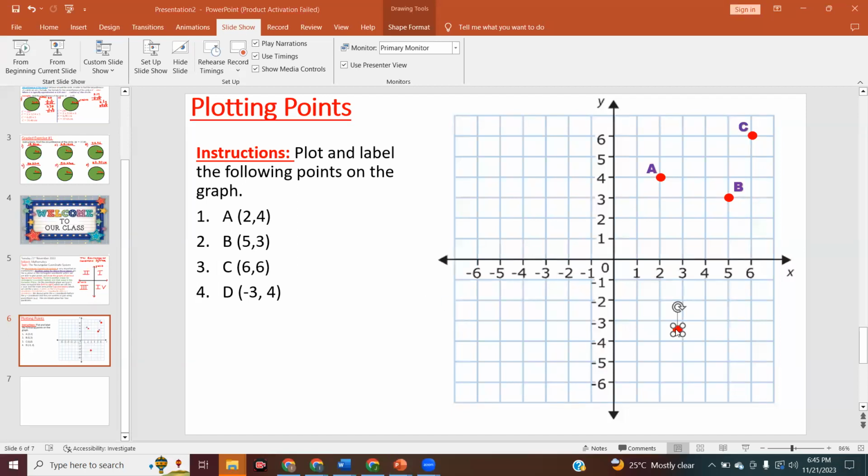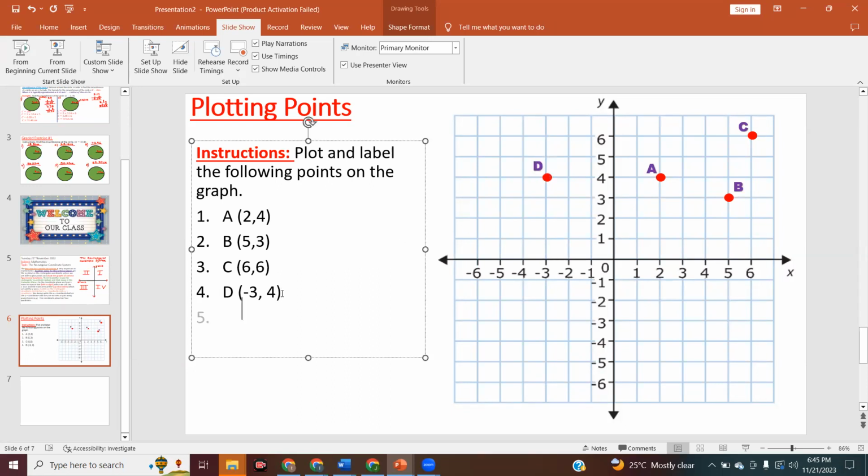Good. That would be quadrant 3. That would be here, -3. And then we have to go up what? Up 4 times. So we start at -3 and we go up to 4. So that's gonna be quadrant 2. This is D.